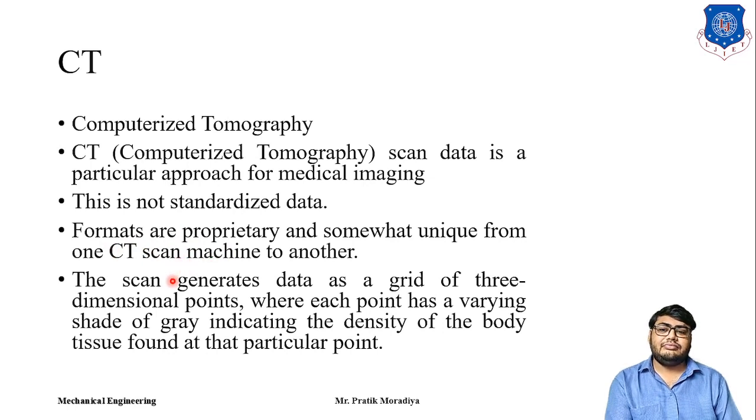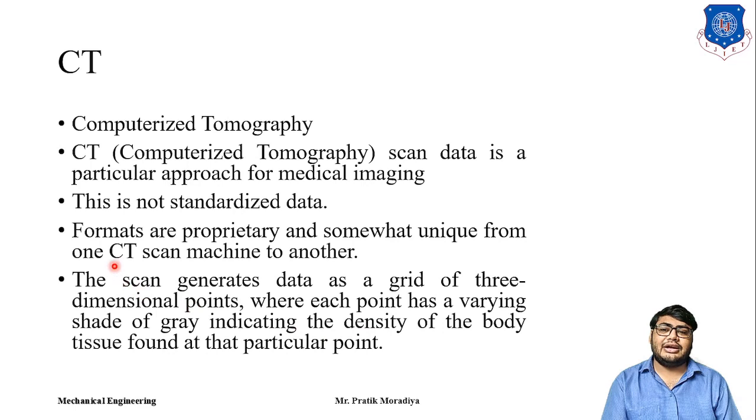Now the CT data generates a grid of three-dimensional points, and each of these three-dimensional points will have a varying shade of gray. So the darker the shade of gray, the denser the material; that will be the norm. So it indicates the density of the body at a particular point.